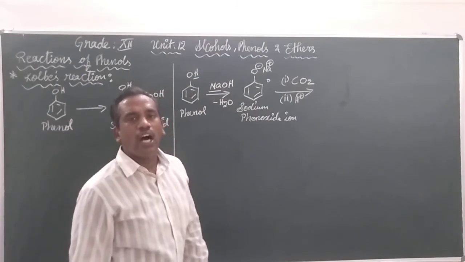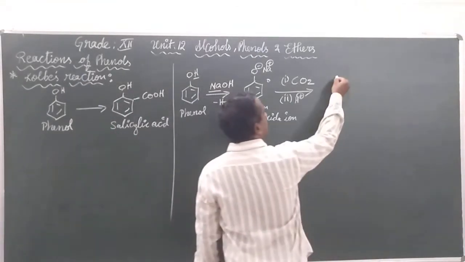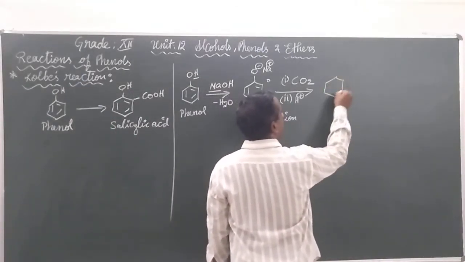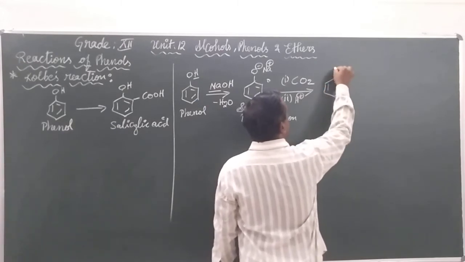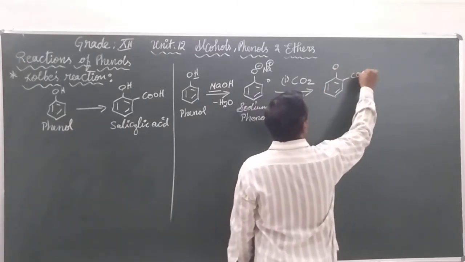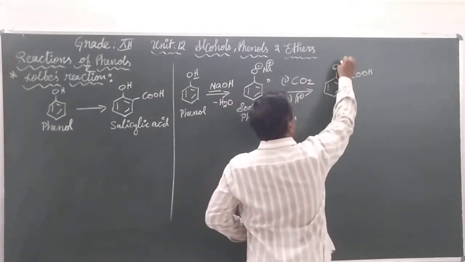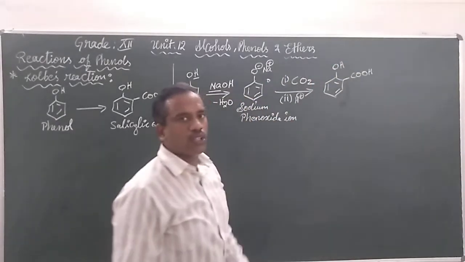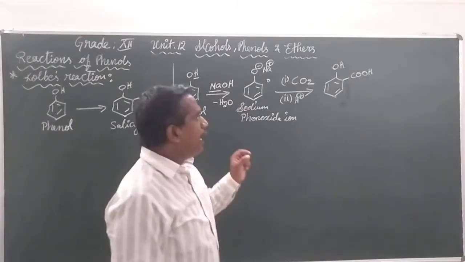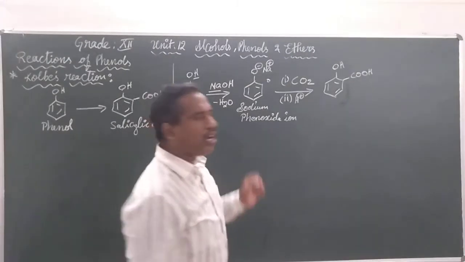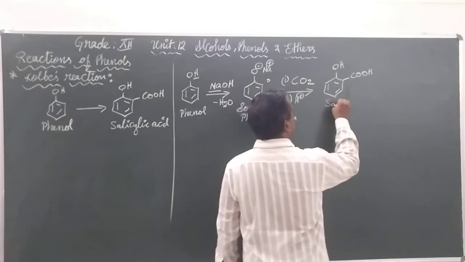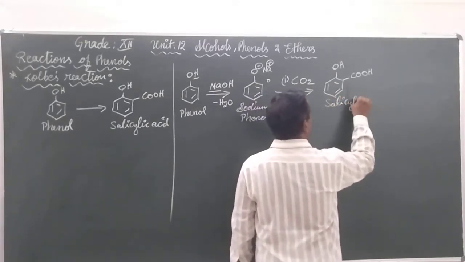Which position? Ortho position. So let us see. It is forming COOH, and the acidic medium reaction will displace the sodium on the sodium phenoxide ion. Now, what is the product we got? It is called salicylic acid.